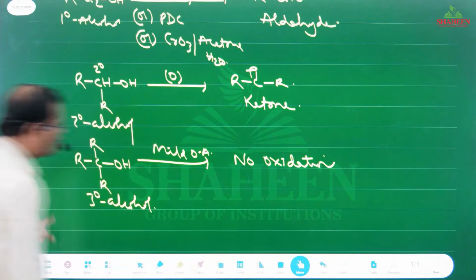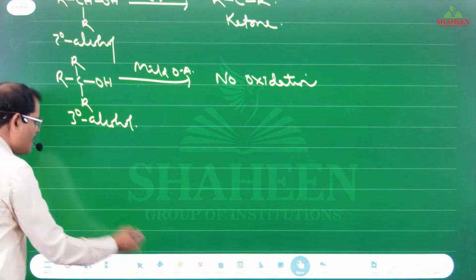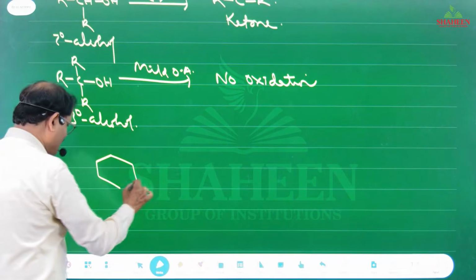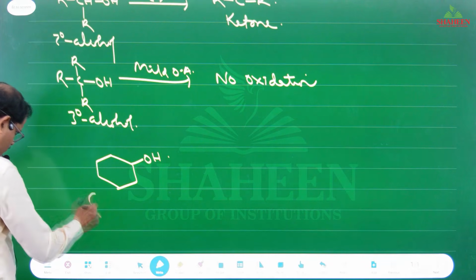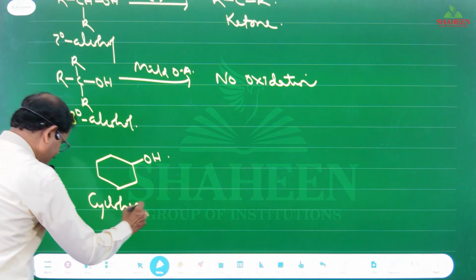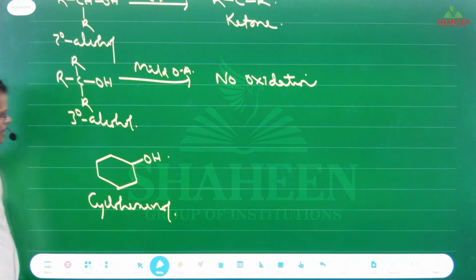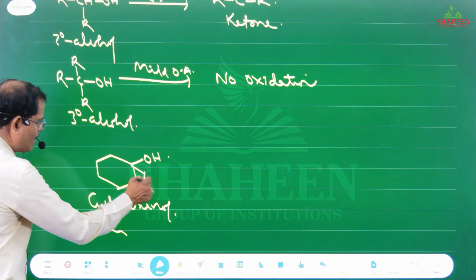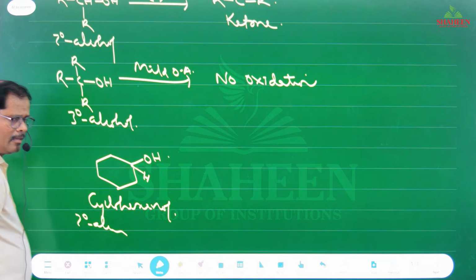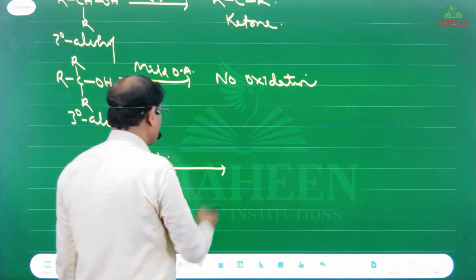For example, if we take cyclohexanol, with OH here, cyclohexanol is a secondary alcohol. So remove hydrogen from here and here, and form the pi bond between carbon and oxygen.